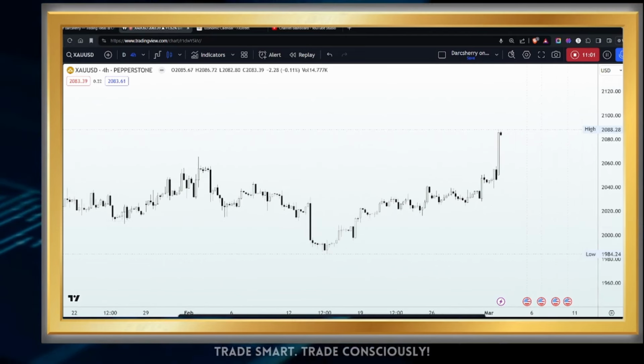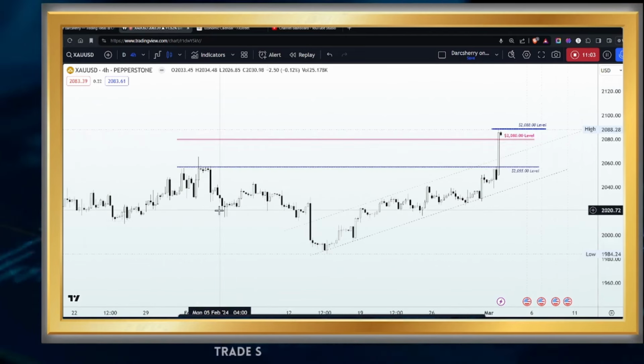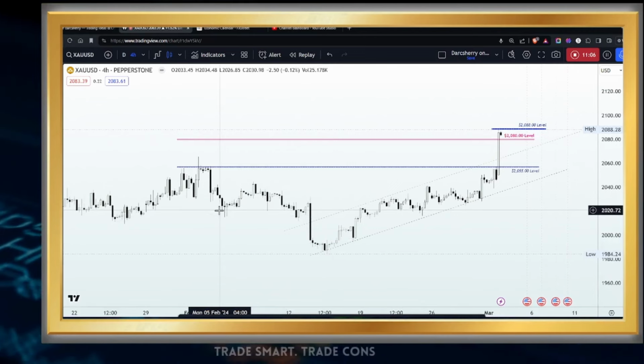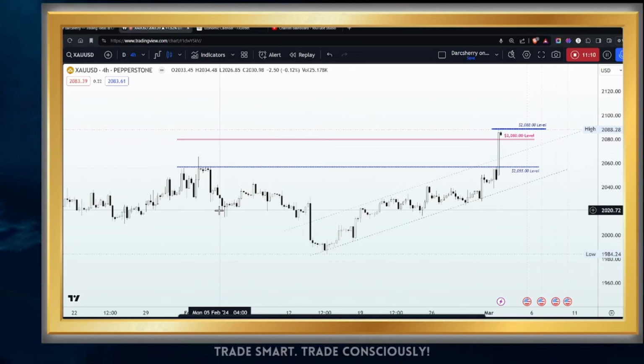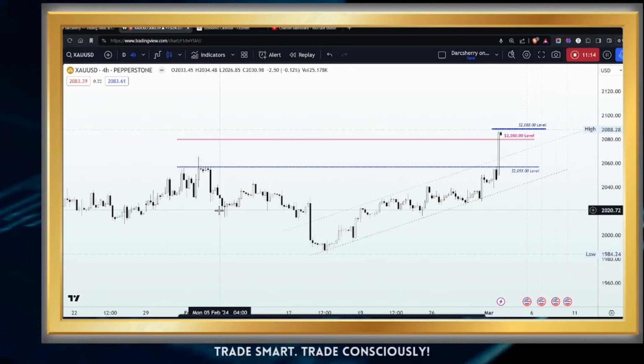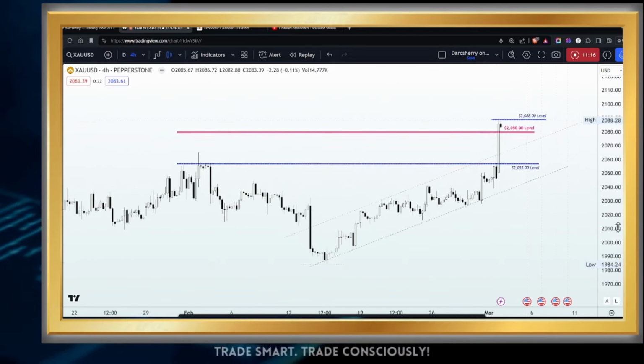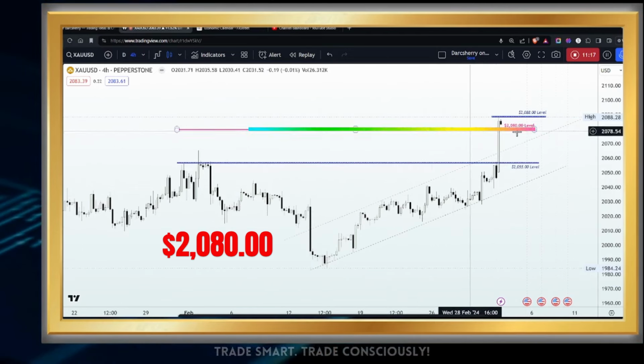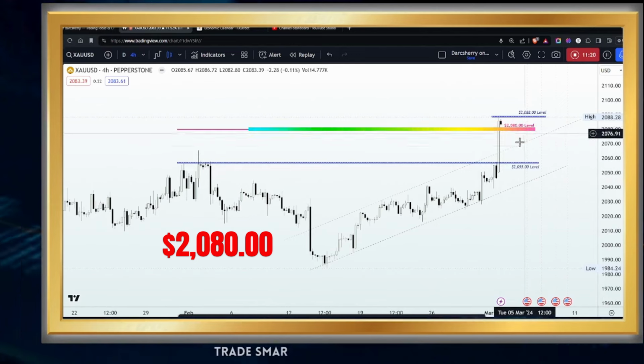So right here on the 4 hours time frame, what I did was to take into consideration the nature of price action since the beginning of the month of February. So that's about historical data of 4 to 5 weeks. So our key level still remains very intact at the $2,080 mark, as you will see right there.